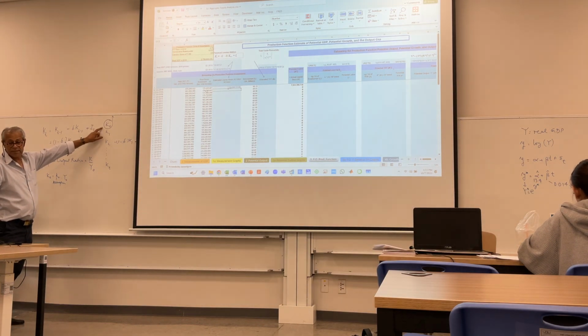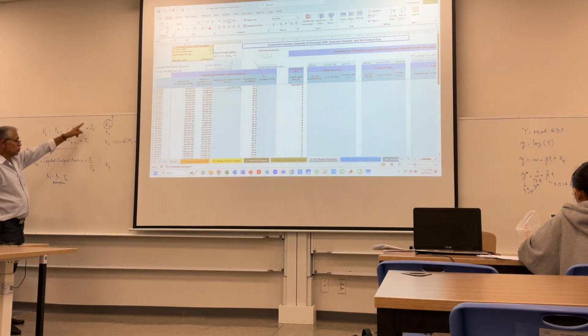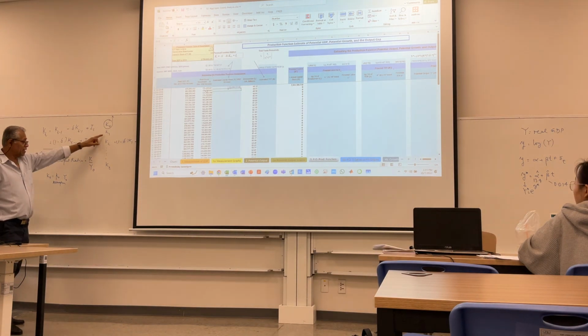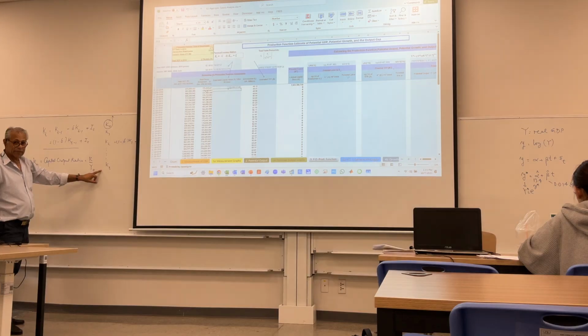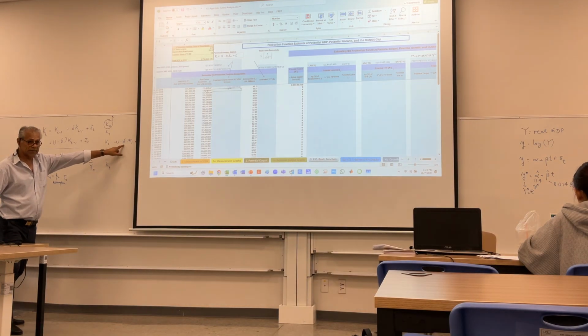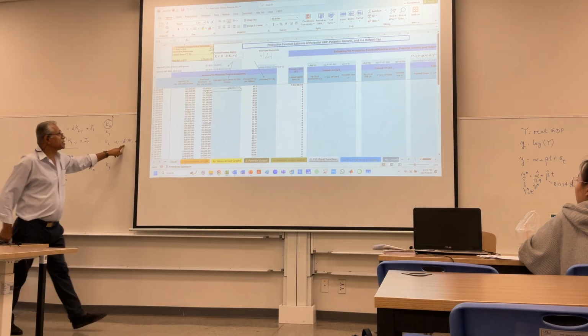Once I have this, I can use this equation to calculate the capital stock in all the other time periods, as long as I make some assumption about the rate of depreciation.